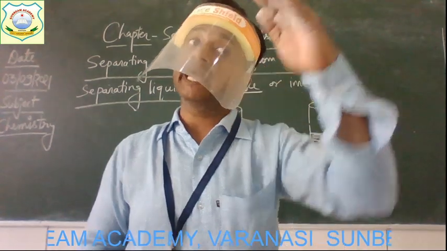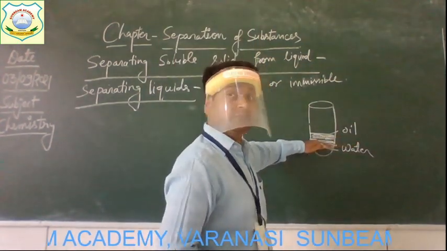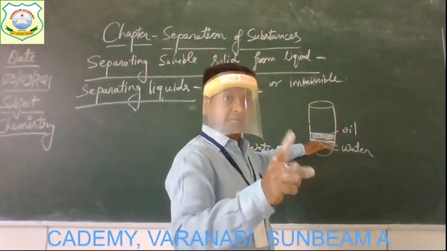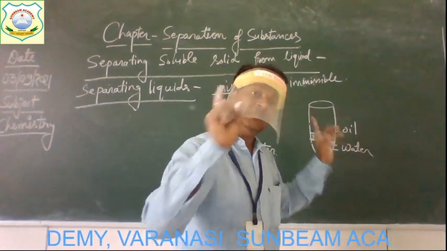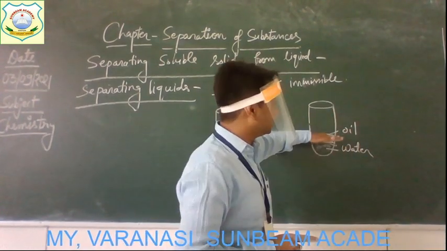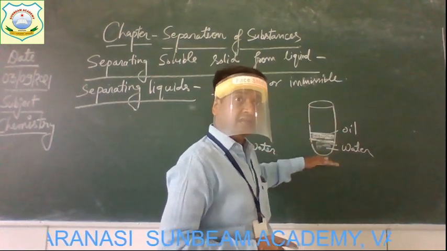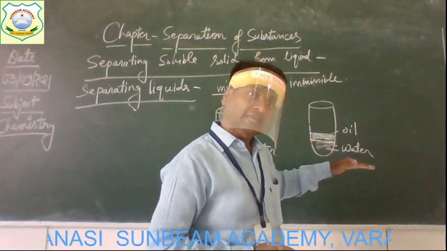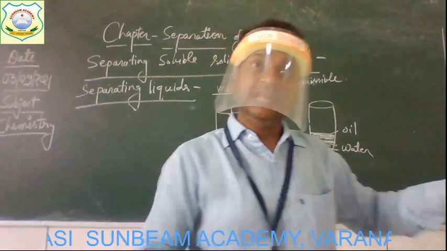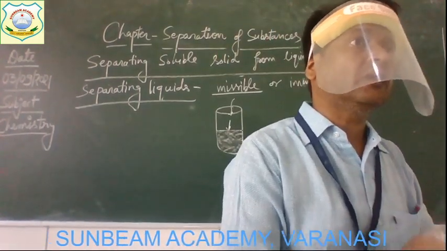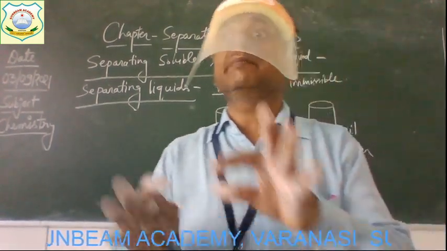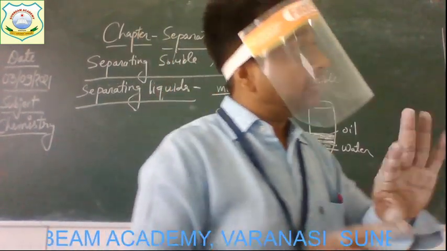Oil will always be at the top, not at the bottom. Remember it. If oil and water are mixed, any oil, oil will always be at the top and water will always be at the bottom. Clear? It may be mustard oil, coconut oil, kerosene, petrol, diesel, any kind of oil.